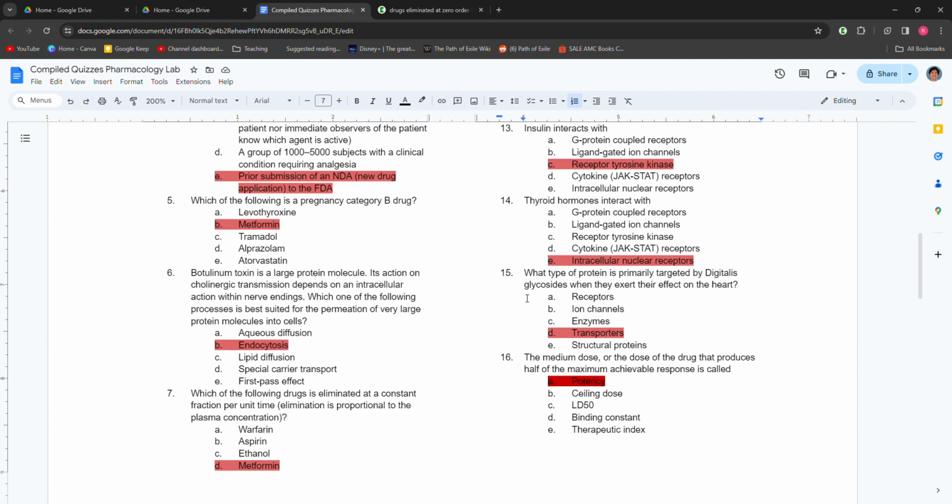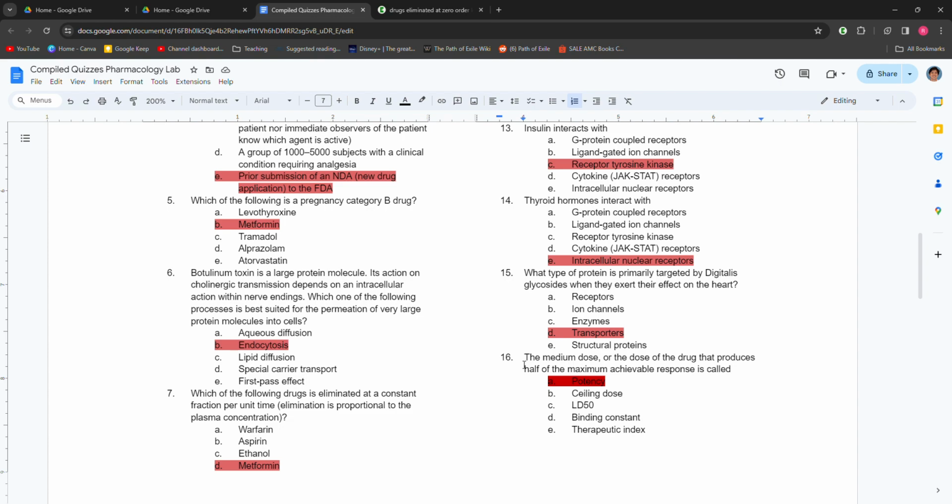And then what type of protein is targeted by digitalis? So the digitalis glycosides again will inhibit sodium potassium ATPase pump. That means it will inhibit a transporter. Remember that the function of the pump is to eliminate 3 sodium ions from intracellular into extracellular, and that is coupled with the pumping of 2 potassium ions intracellularly.